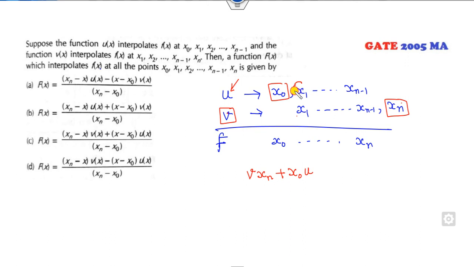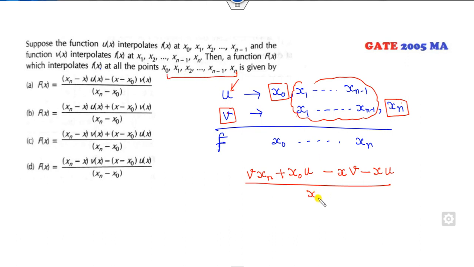Now these are my common terms. So I can subtract, any x of this from the v, x from the u. That's the right answer, divided by the length of this. What is the length of this? It is xn minus x0. So look at the options. I need minus xv. So it's a minus xv.